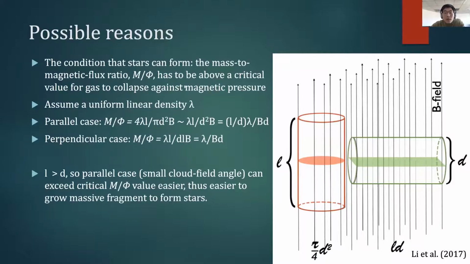For the parallel case, the red one, we have the mass-to-flux ratio in this form, and for the perpendicular case, we have the mass-to-flux ratio in this form. Since L is larger than D, the parallel case, which means a small cloud-field angle, can exceed the critical value much more easily than the perpendicular one. Thus, it is easier for the parallel case to grow massive fragments to form stars.